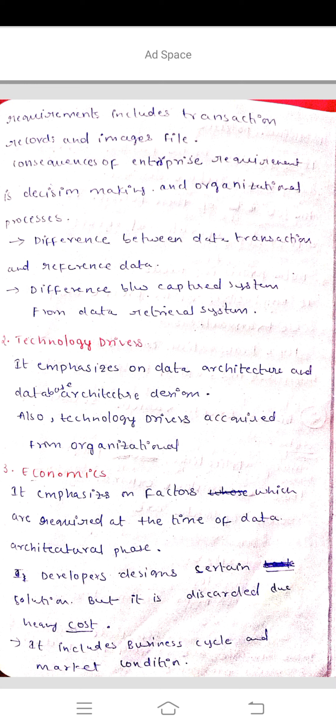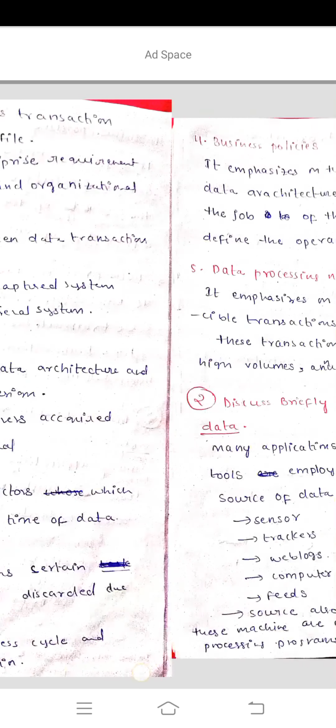Also, technology drivers accrue from the organization. And the third one is economics. It emphasizes factors which are required at the time of the data architectural phase. Next, developers design a certain solution but it is discarded due to heavy cost. It includes business cycle and market condition.